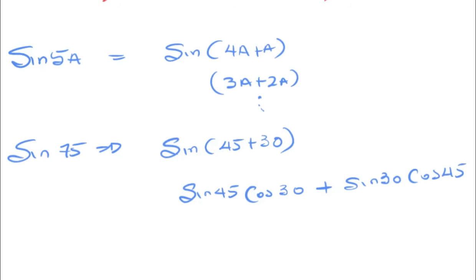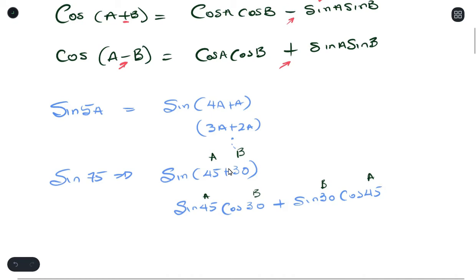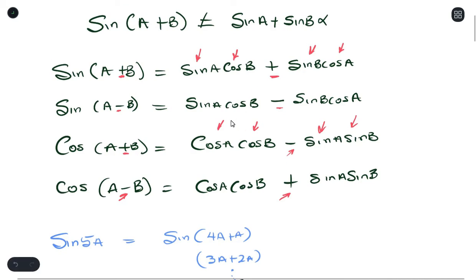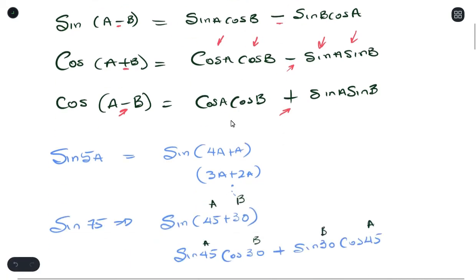If you look at this intently, you can see that this represents A, that represents B. We have sine A cos B, and you also have sine B cos A. This is exactly what you do with compound identities. Not every question will look like the default, so you might have to create your own compound identities. Now that you understand how compound identities work, let us try out an example so we can put most of this into practice. Let's get into it.